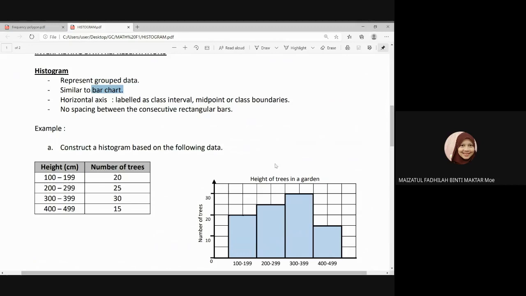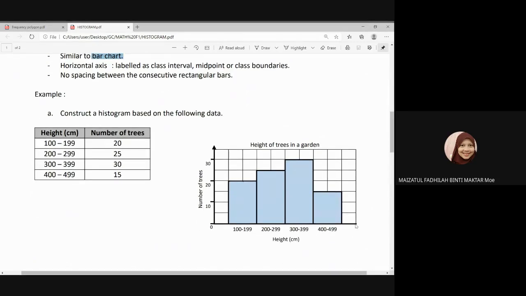If you see a bar chart, there is a space between one bar and another, but for a histogram there is no spacing between them. But there is a space between the first value here and the first bar, and you must leave a space at the end here too. I am missing the arrow here, so please draw an arrow here.